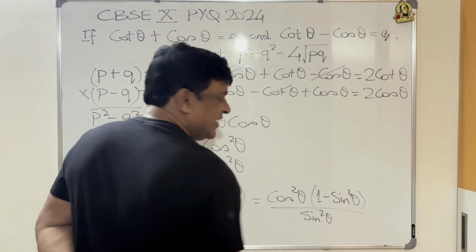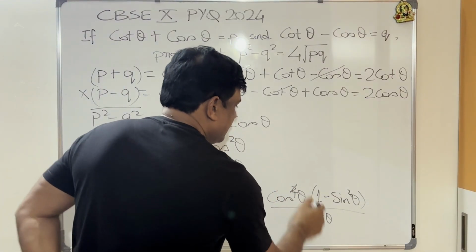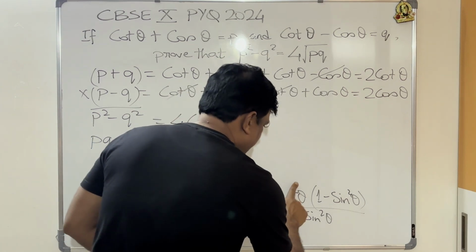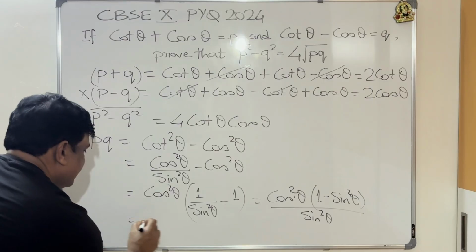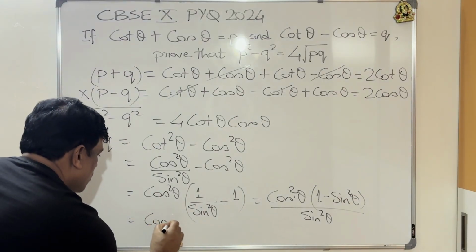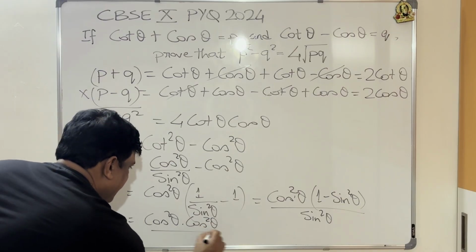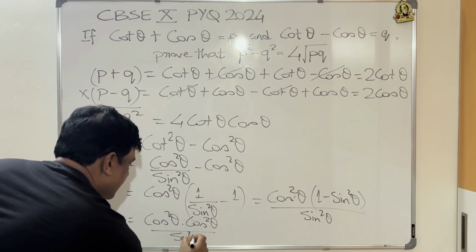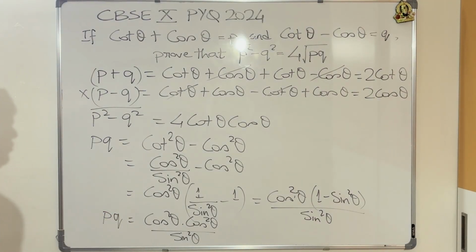What is 1 minus sin square theta? It is nothing but cos square theta. So I can write it as cos square theta times cos square theta divided by sin square theta. Look at it. So PQ is equal to this one.